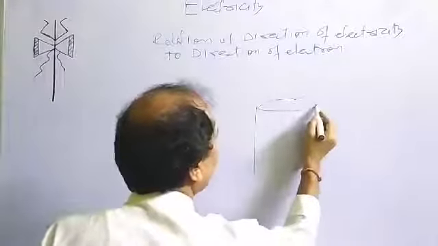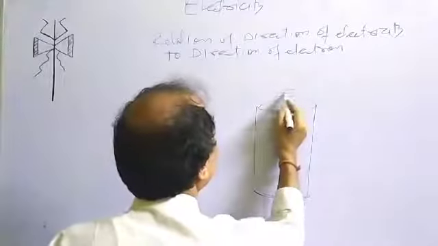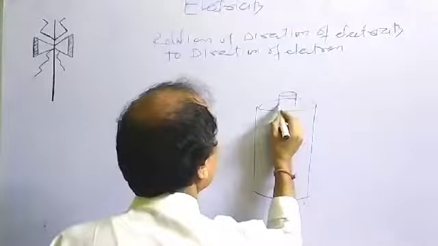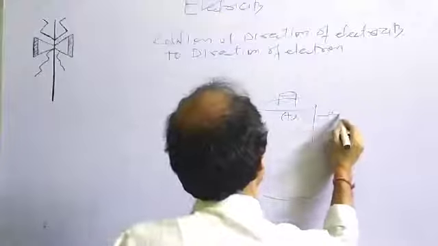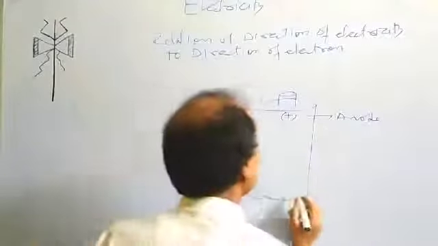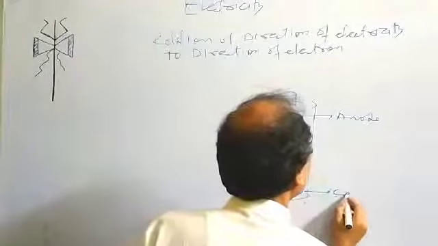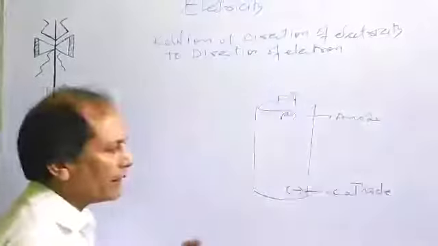Suppose it is a dry cell. It has a brass cap. Near the brass cap is the anode, denoted by a positive sign. The cathode is denoted by a negative sign.